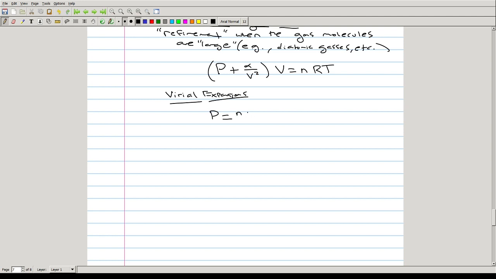You could have the pressure is equal to nRT over V times 1 plus B(T) over V, where B is a function of T, it depends on the temperature.